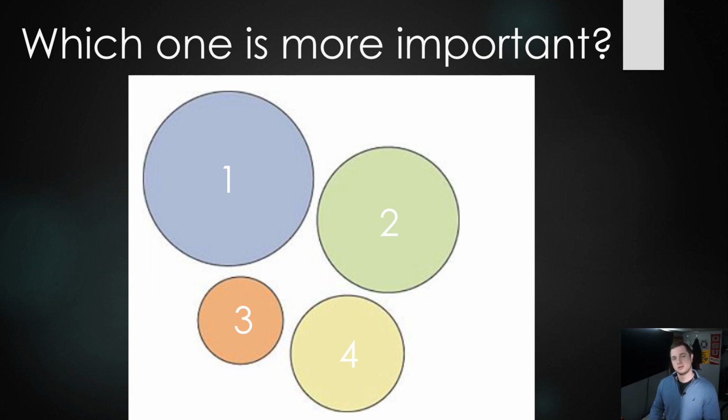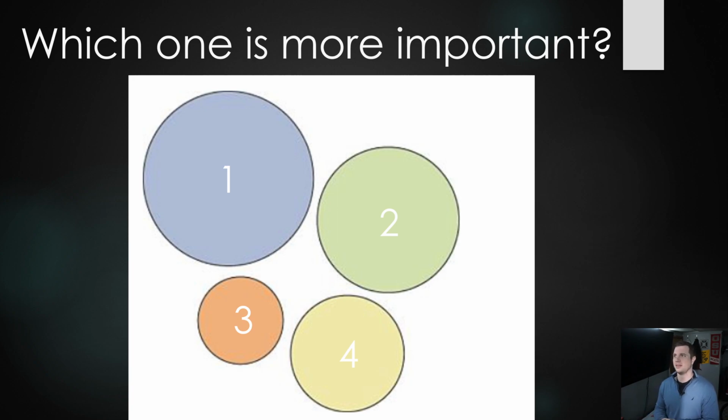So this is where we have to talk about another concept. If you're looking at this photo, ignore the color. What do you think is most important? Which circle is most important? There's basically two answers here. The reason why I told you to ignore the color is because a lot of people say, well, 3 is the most important because it's the warmest color.